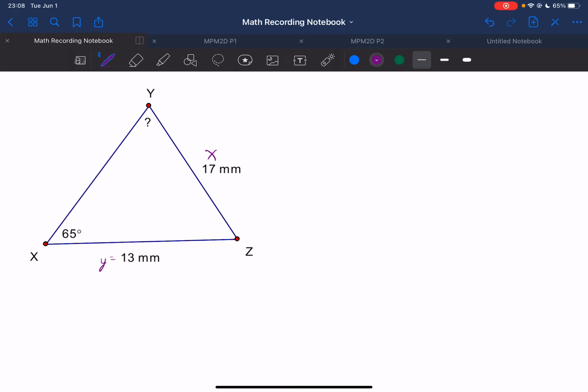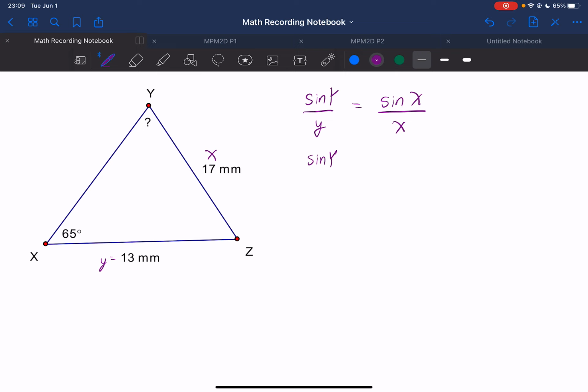Again, let's set this up. This time I'm going to put the sines on top, just again to make our solving a lot easier. So we get sine y over little y equals sine angle x over side x.